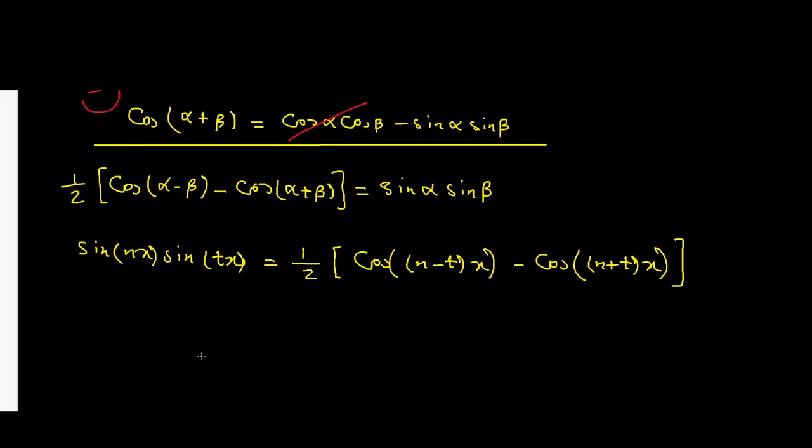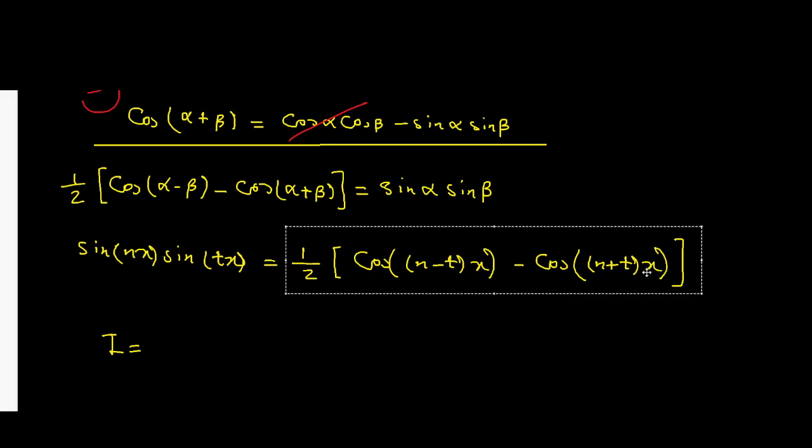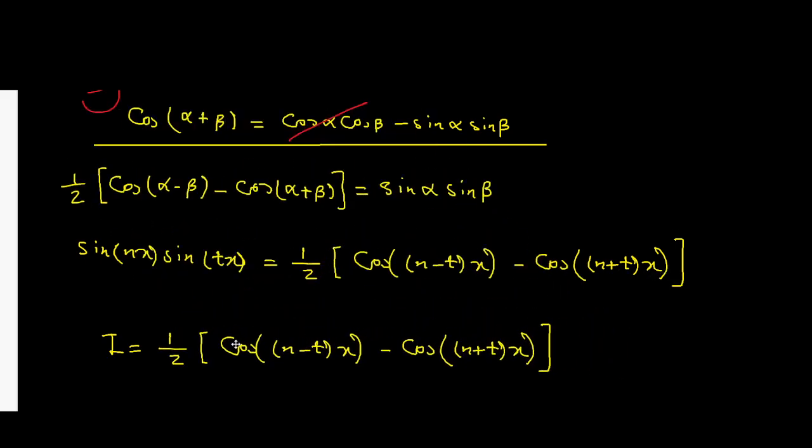And for our integral I, we're going to evaluate this from 0 to pi. So let me copy and paste this, and we're going to evaluate this from 0 to pi. I'm going to expand these.